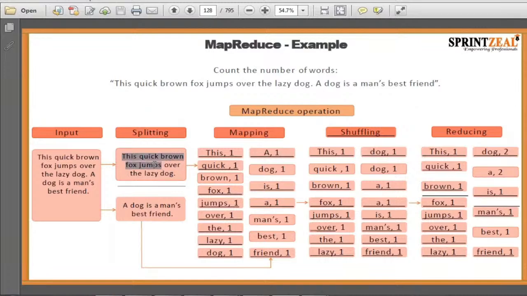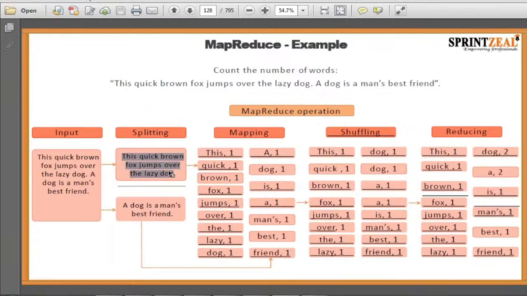The first block contains data till dog, and the rest of the data is present in block number 2. Since I have 2 blocks, I need to run the map reduce job. Mapping will happen in parallel, so 2 mappers can run together, because I have 2 blocks that I can process in parallel.